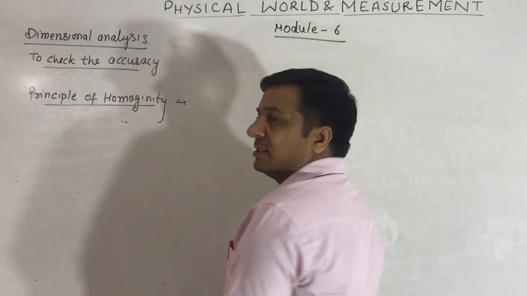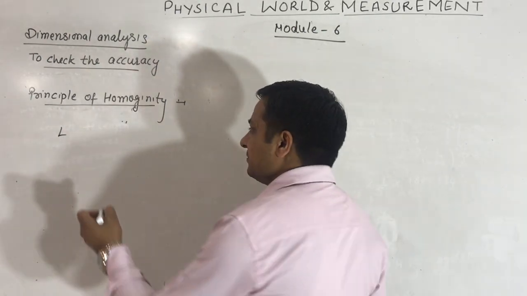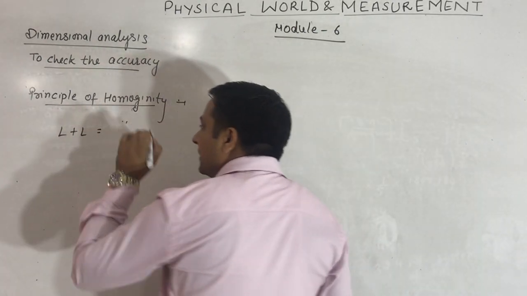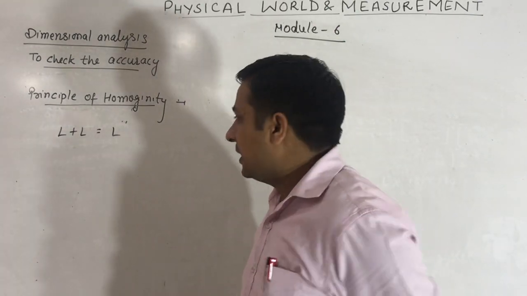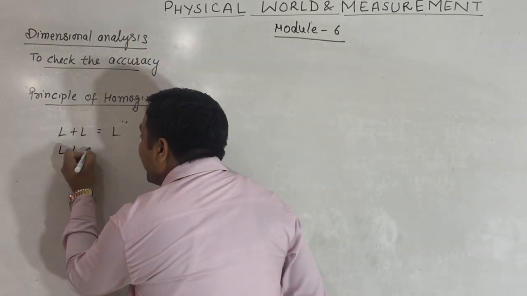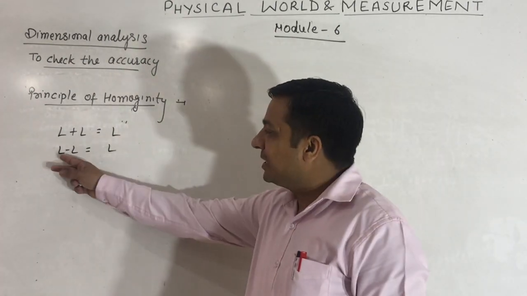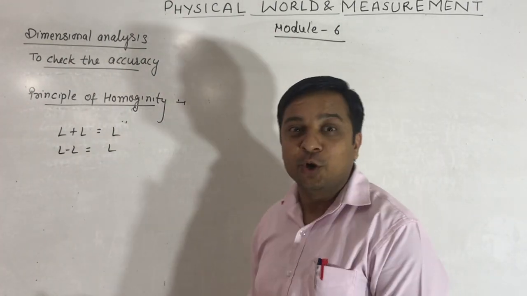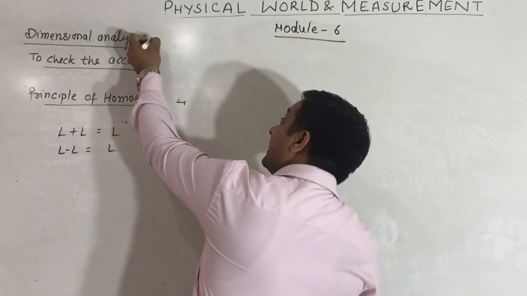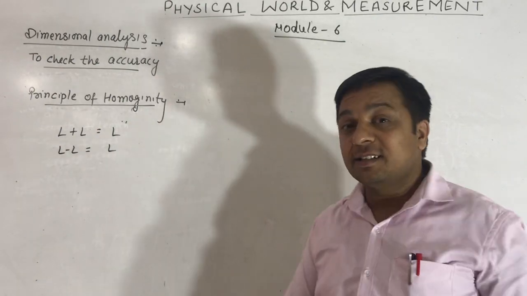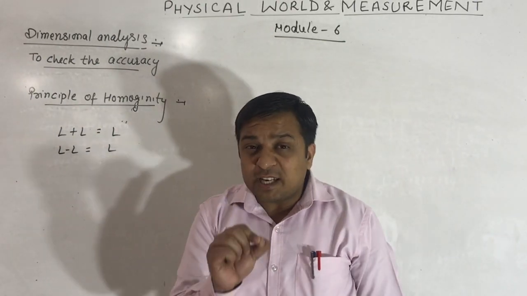If I write L for length, then L plus L is also L, and L minus L is also L. Some students will be confused: L minus L should be 0. But dear students, we are discussing dimensional analysis, which means there is no constant value.